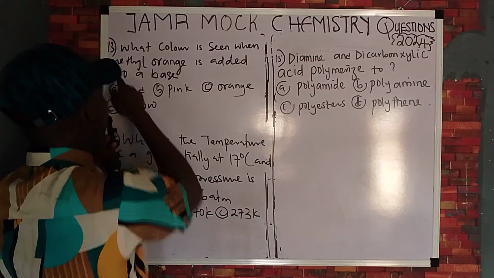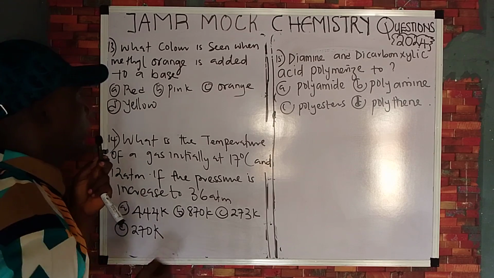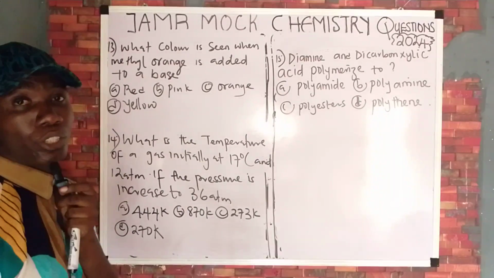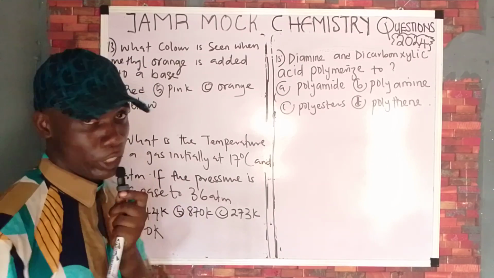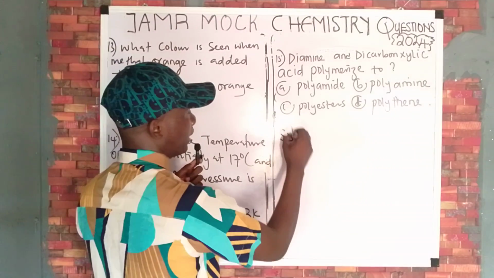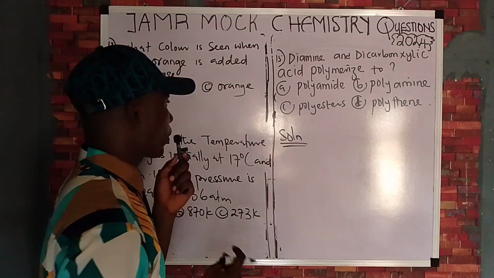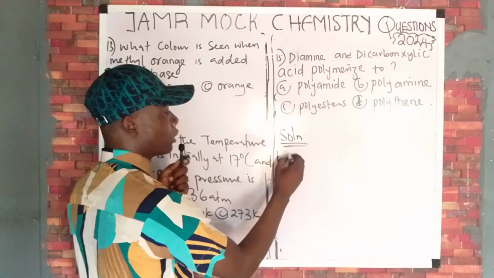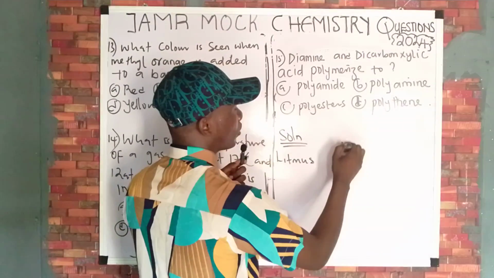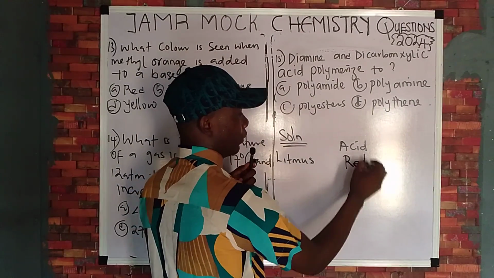Now, let's answer this particular question. What color is seen when methyl orange is added to a base? Remember, this is a titration experiment question, and it's quite tricky. You have to pay attention to this detail that I'm about to give you. If you put a litmus paper on an acid, the color will give you red.